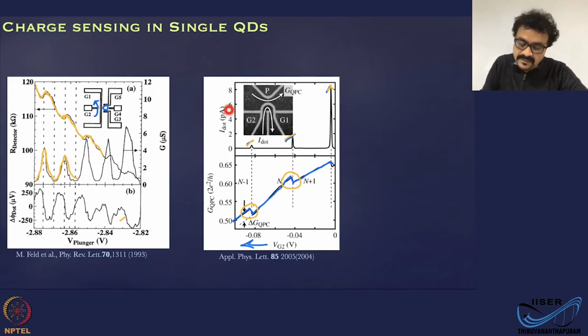This is already in the picoampere scale. Okay, this is like fraction of a femtoampere now already. But the signal from the quantum point contact, which matches with this transition, is unaffected by the decrease in the tunnel rate, and that is the main advantage of using a charge sensor in place of a current sensor. Okay.